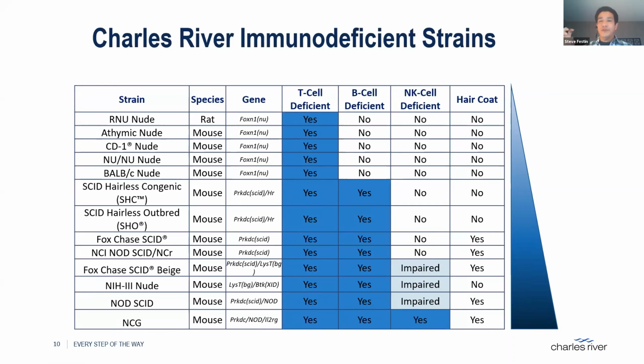The most immunodeficient, as we would say, is the NCG, which lacks both T cells and B cells, but the NK cells really are unable to be activated. So I'm going to focus the next part on the NCG mouse. I can share slides as well if you need.